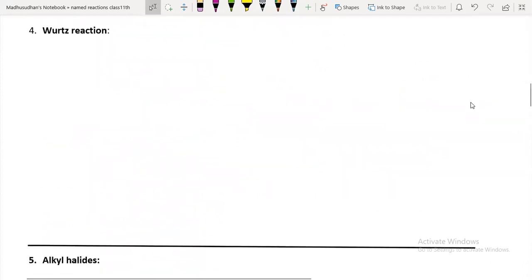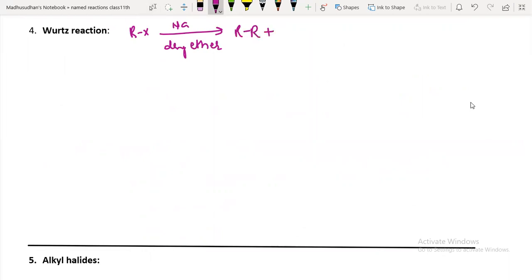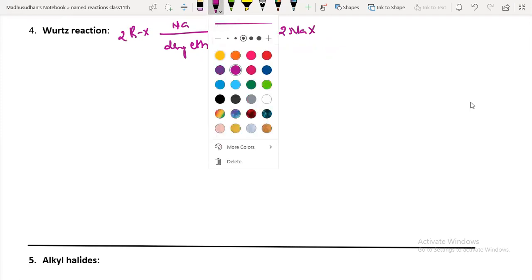So what is Wurtz reaction? Wurtz reaction is for alkyl halides on reaction with sodium in the presence of dry ether, converting to R-R. That means alkanes are forming and the byproduct is sodium halide. So now what is this reaction? How does it take place? Let's see.